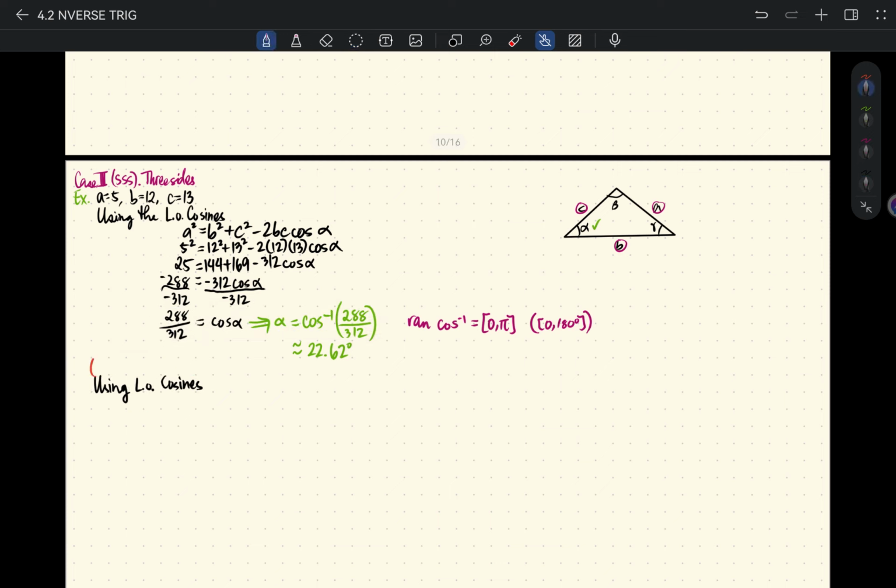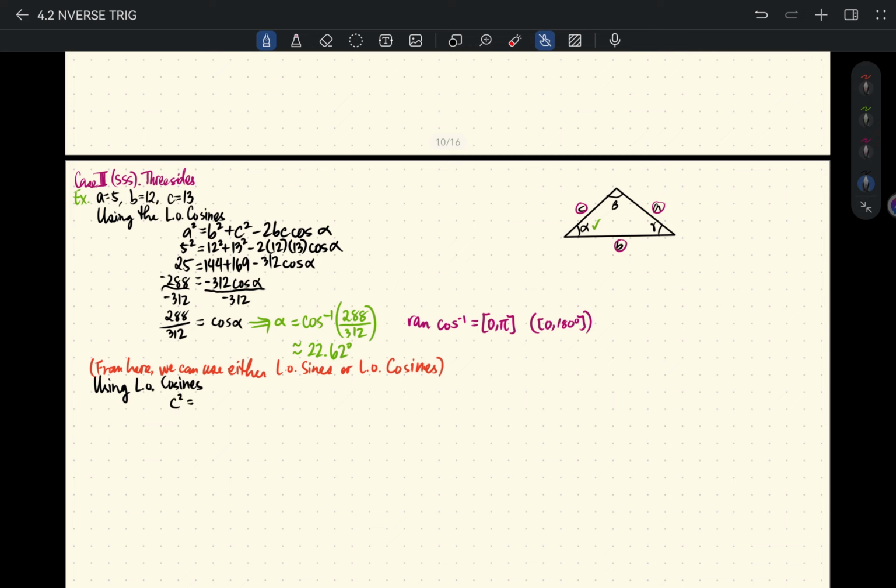From here, we can use either law of sines or law of cosines. I'm just really using law of cosines since we don't have a good alpha value right here. So let's use again law of cosines, but this time what I want to use is this one.